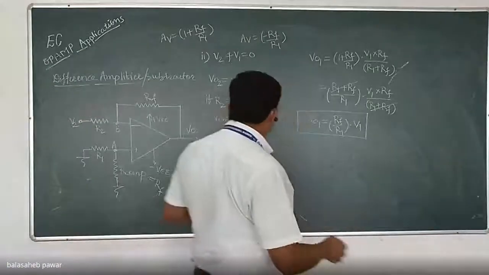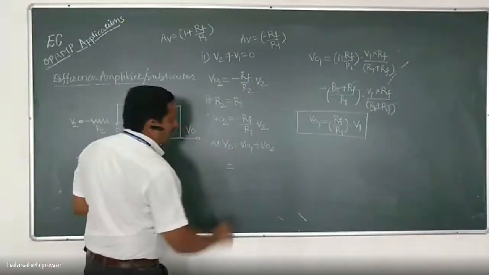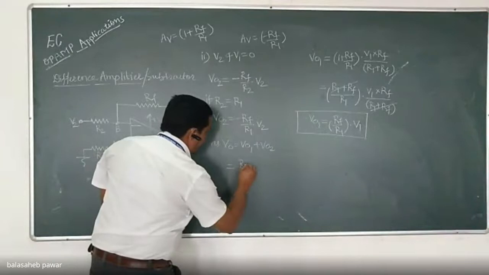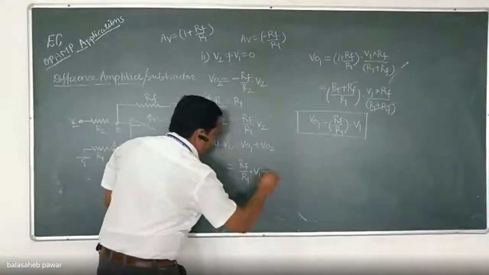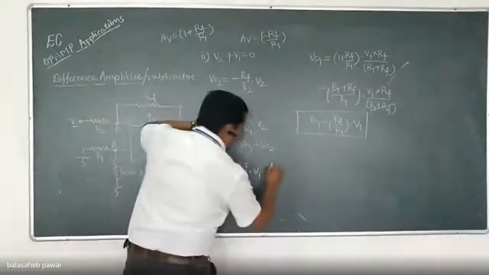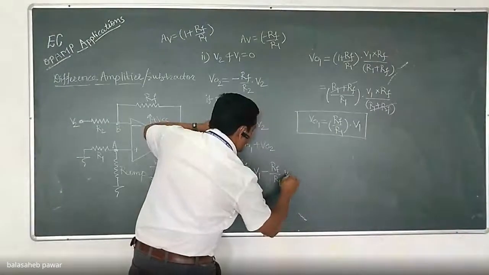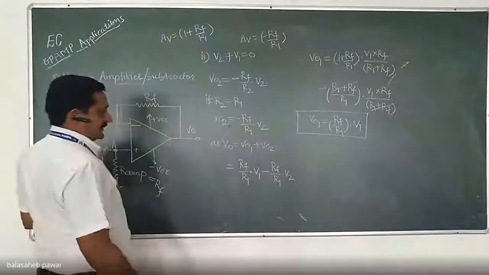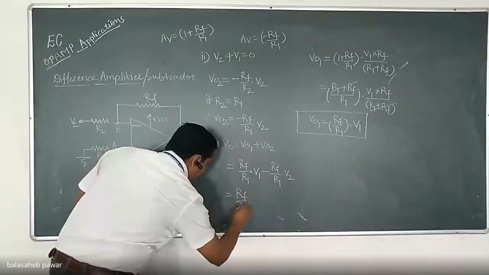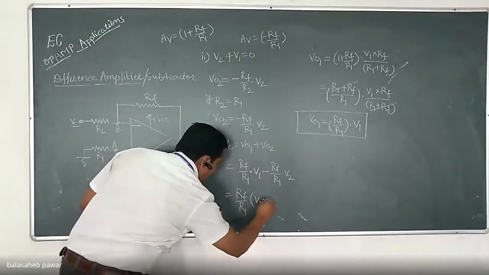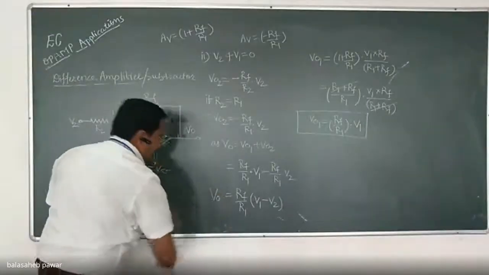That's why I have written VO equals VO1 plus VO2, and that equals RF by R1 times V1 minus RF by R1 times V2. Correct? So you can take RF by R1 as common. RF by R1 in a bracket, the remaining term is V1 minus V2. So this is the net output voltage.